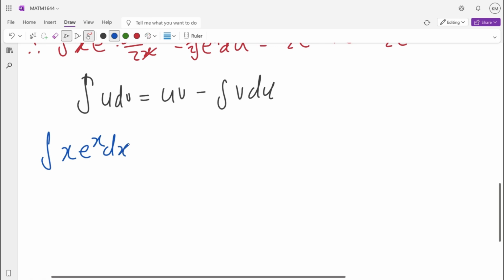Before we do that, I want to ask you guys which one is going to be our u, because we are trying to follow this formula and we see that we need u, v, and du, and so forth. Which one is going to be our u, and which one is going to be our dv?